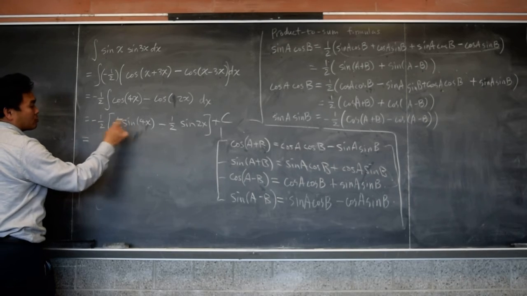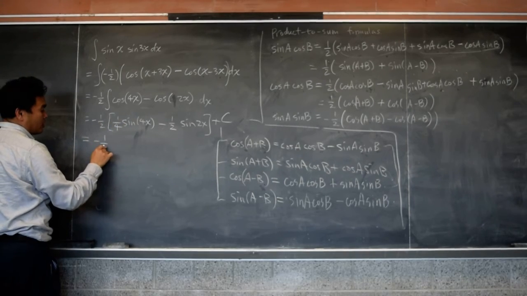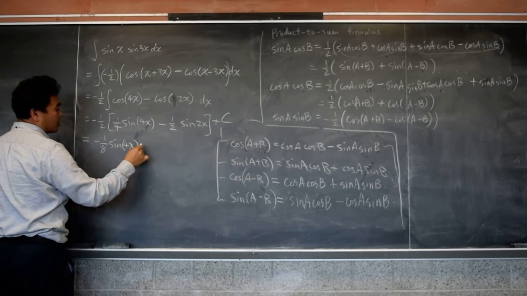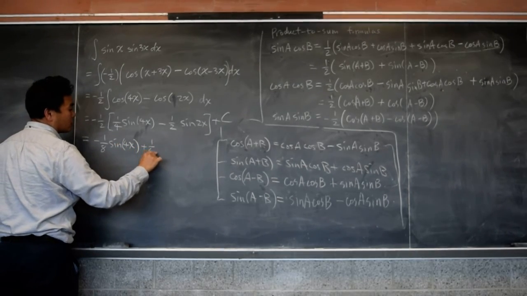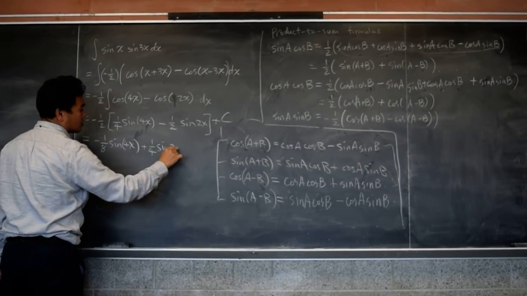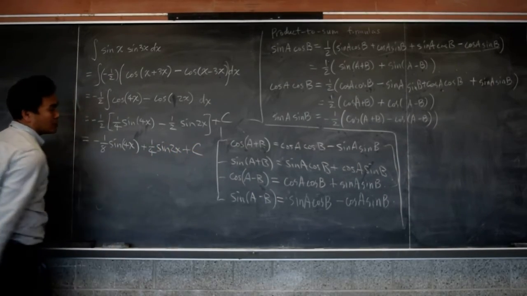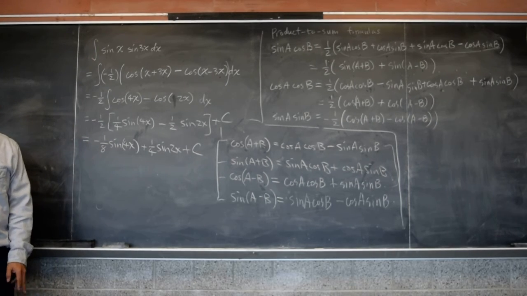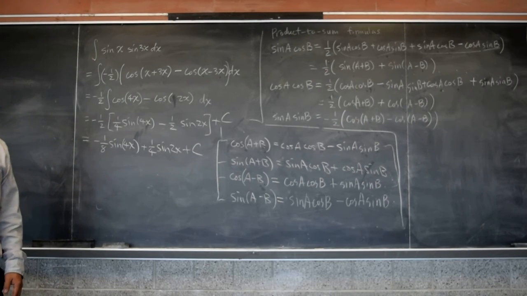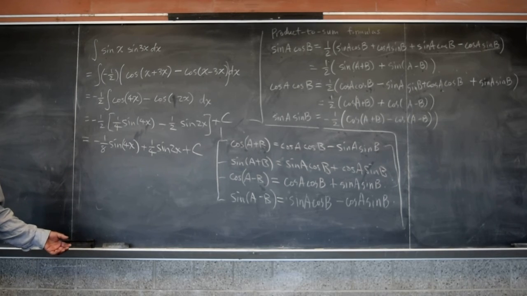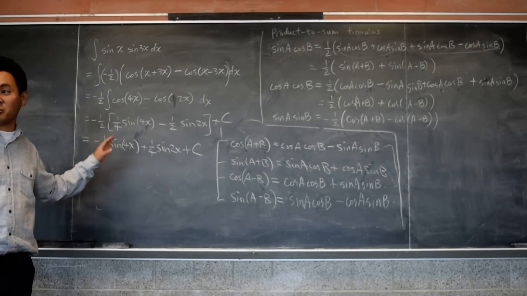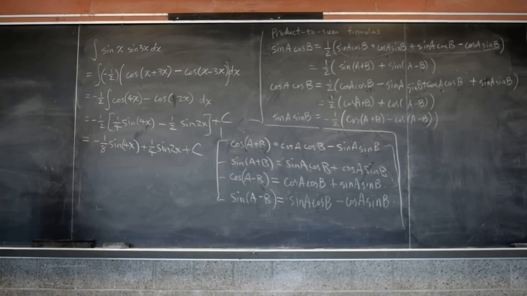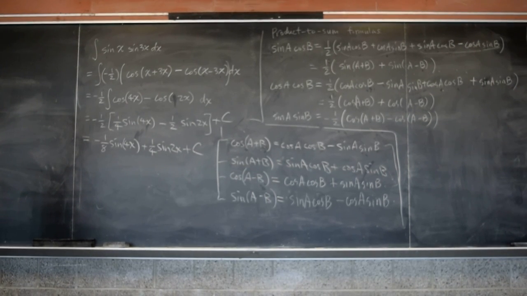So when you multiply these out, the final outcome is 1/8 of sine 4x, and then plus 1/4 of sine 2x plus C. So that's how you integrate this product. Some of you may have seen this in Calc 2, but I doubt it. Most of you, this will be your first time seeing such a thing. No, the red button.